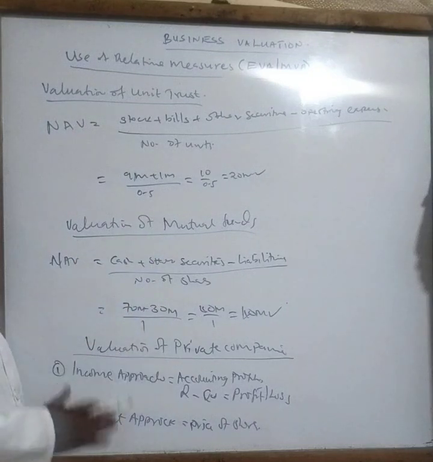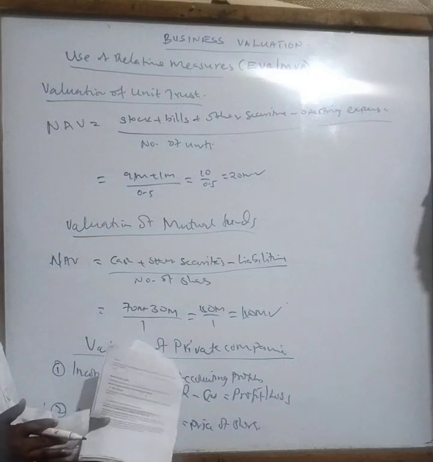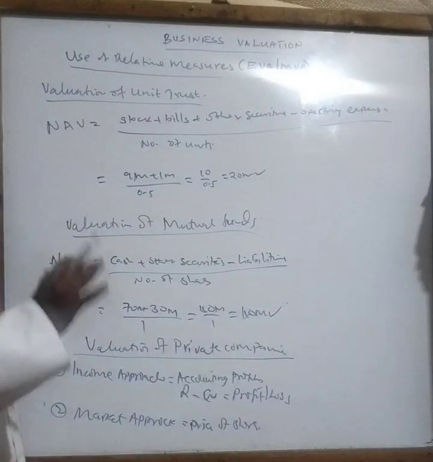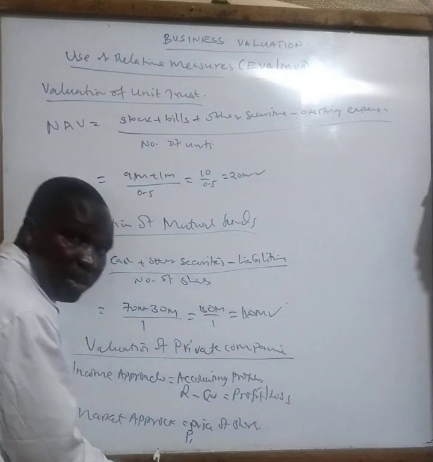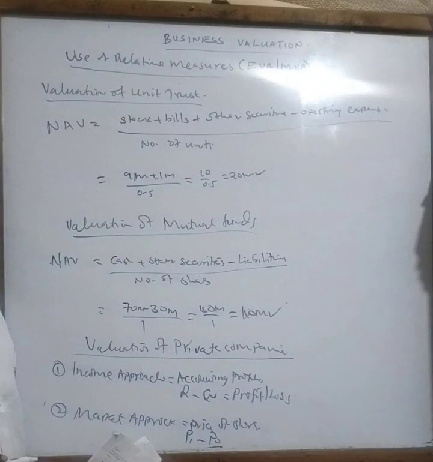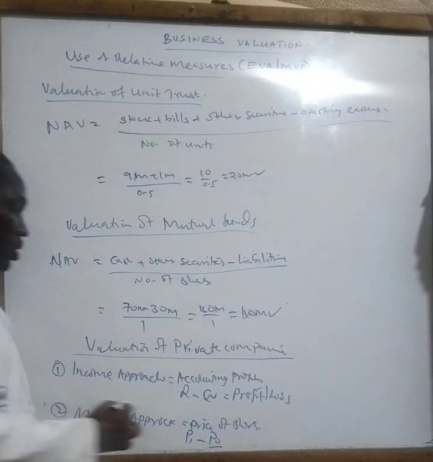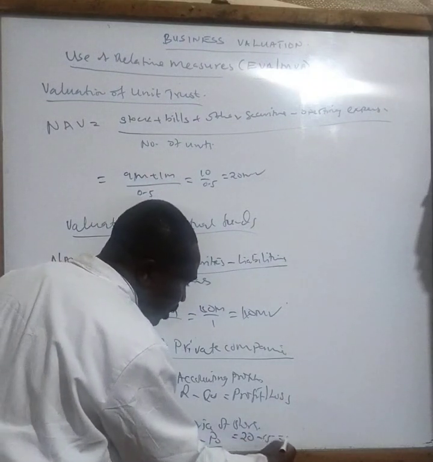If there is an increase in share price, then we say the company's shares have increased. For instance, at the end of the period, which is P1, you minus P0, which is the price of the shares at the beginning of the period, which can be maybe 20 minus 15, you get what? 5.